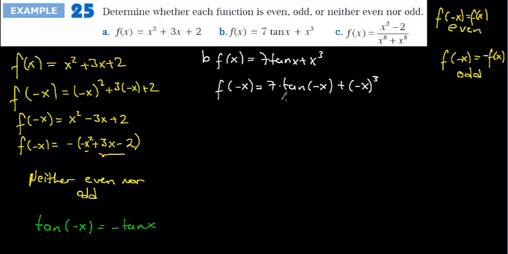So f minus x is equal to, this sign can be taken out as I explained before, minus 7 tangent x, and when you multiply minus x by itself 3 times, the sign again is going to be minus x cube.